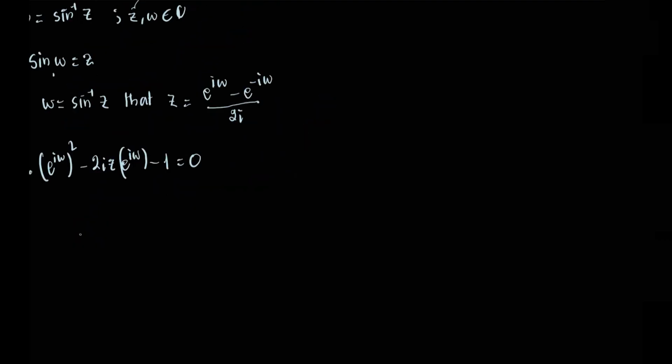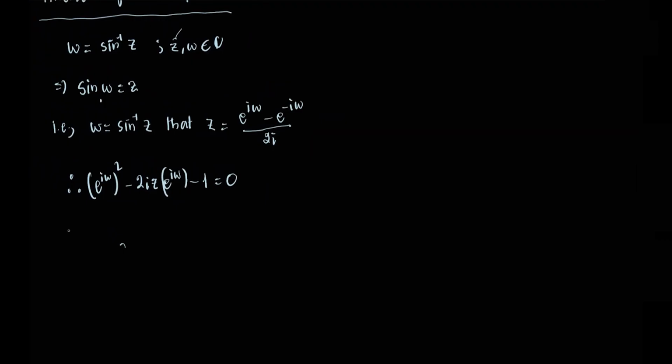So please check this part. Solving for e power iw, what do you get? It's a quadratic, right? So it will give you e power iw equals iz plus 1 minus z square whole power half.